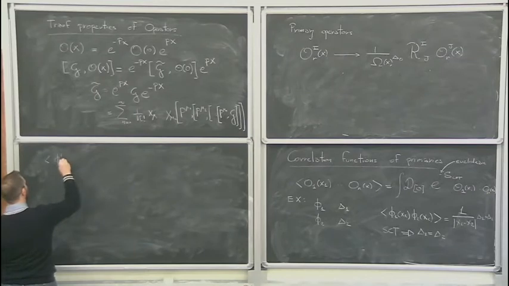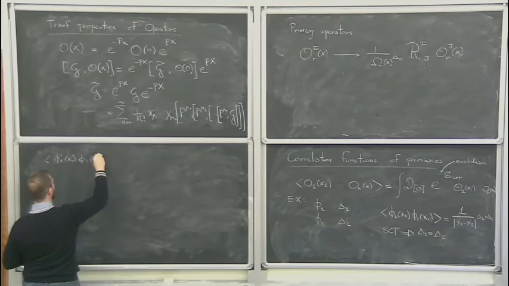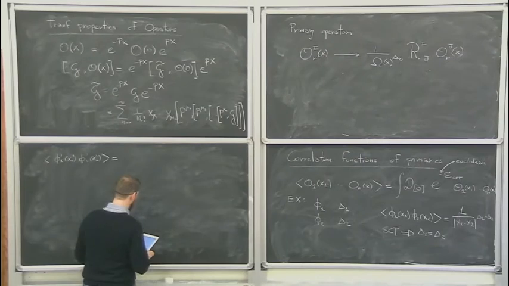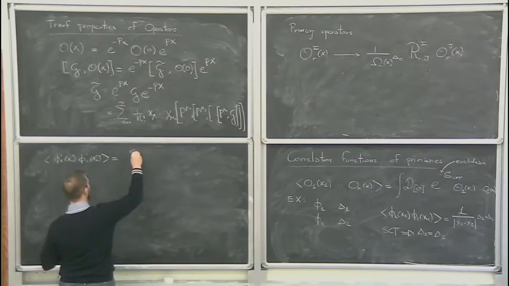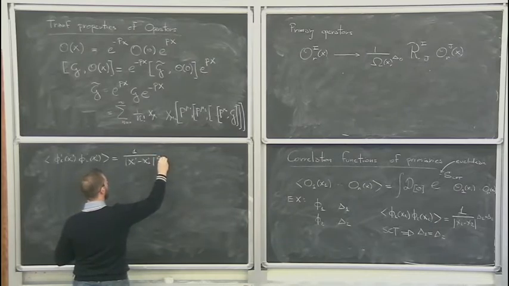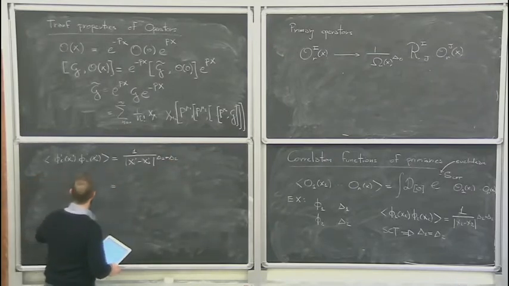So phi prime 1 of x1 prime, phi 2 prime of x2 prime. This has to be equal to 1 over x1 prime minus x2 prime. But it also has to be equal to the transformed field.